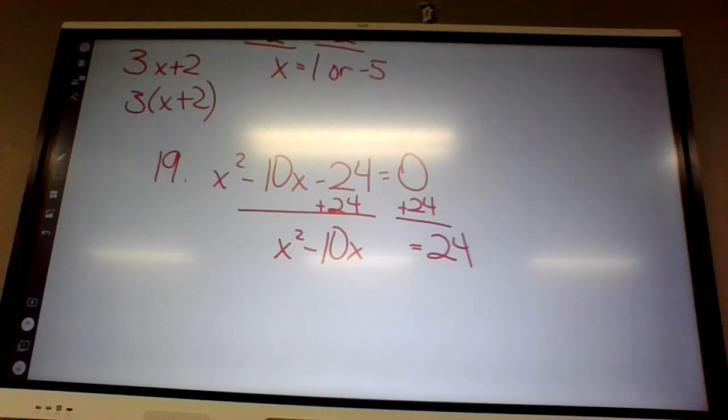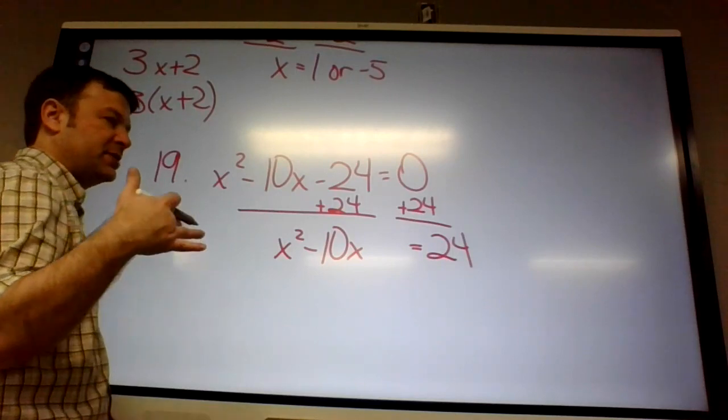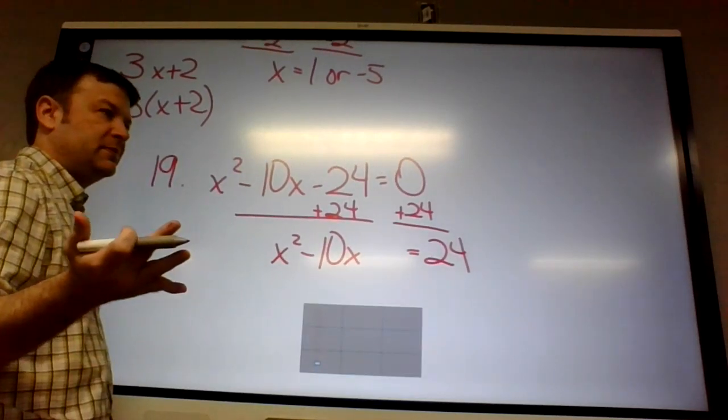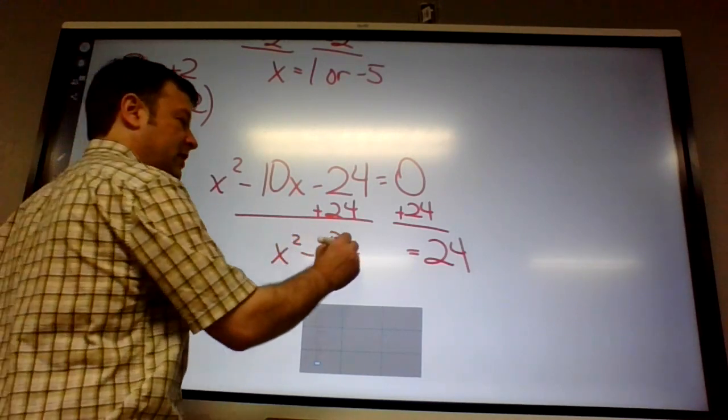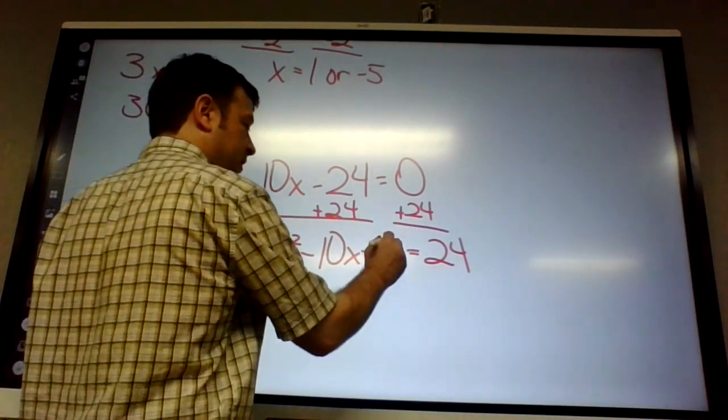So now what do I do, Clayton? Divide the 10 by 2. 10 divided by 2 is 5. 5 squared is 25. So we're going to add 25.